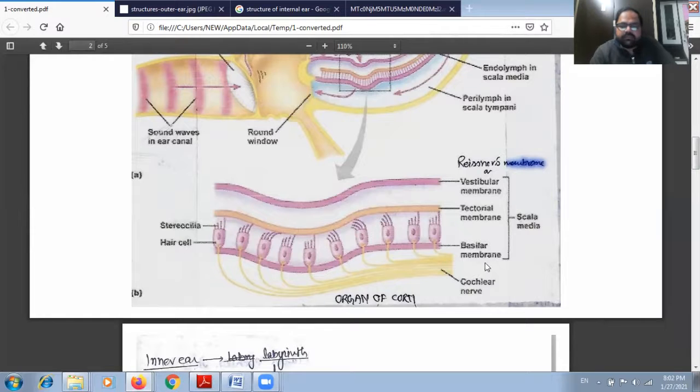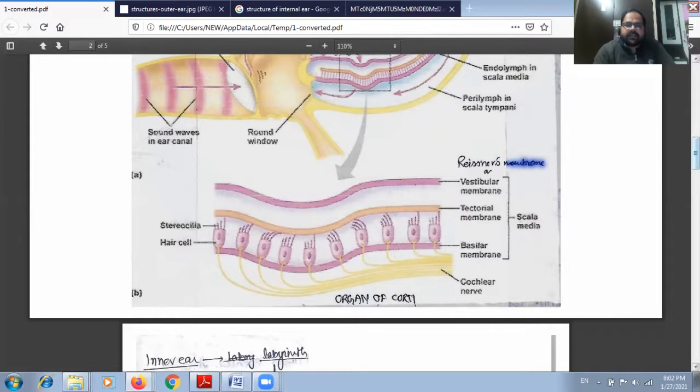An organ of Corti is the main structure which receives the sound wave, and it captures the sound wave, and through nerve it sends the signal to the brain, and our brain interprets the sound, and we listen to things.